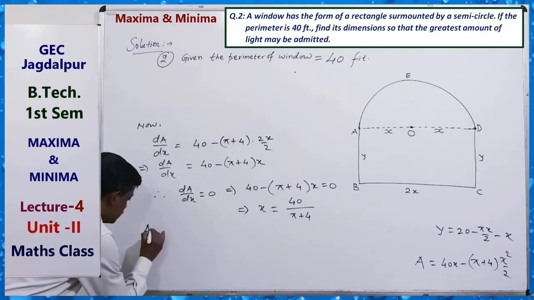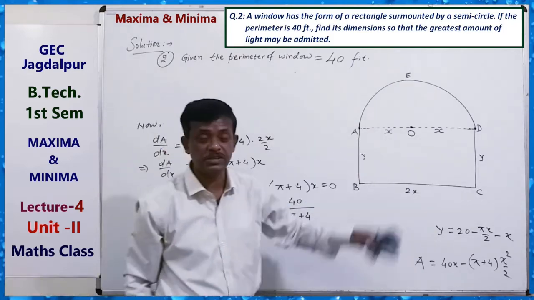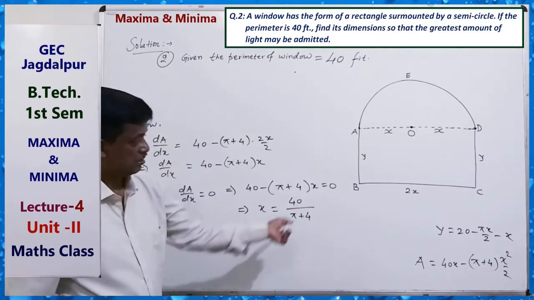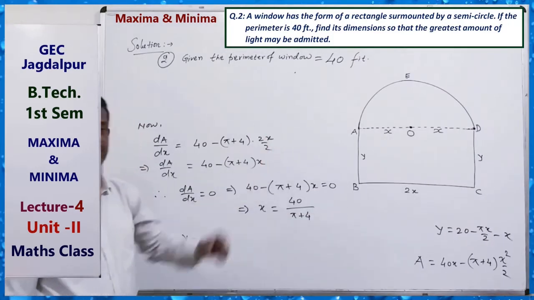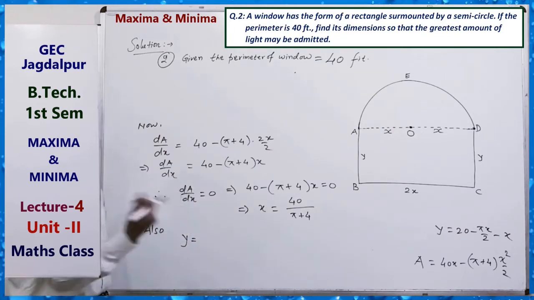Also, y equals this, because these are the dimensions, na? So radius 2x, rectangle dimension. So the rectangle dimension can be found. We just require the dimension for which the area is maximum.